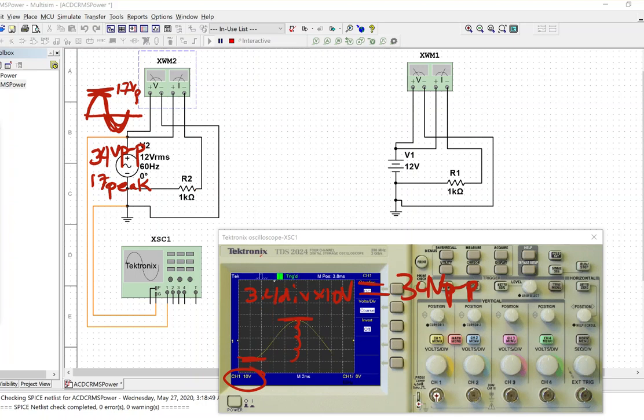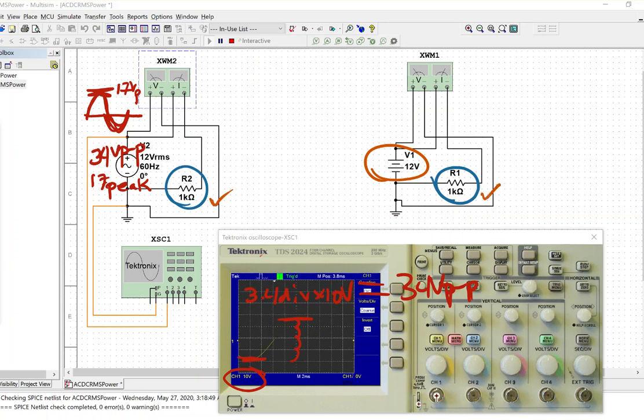So notice I have two load resistors, both 1K, and I've set this DC supply here to 12 volts DC, because this 17 volts peak, or 34 volts peak to peak, being equivalent to 12 volts RMS, should mean that if I put a 12 volt DC supply, I will get the same power across this load resistor here as I do on this load resistor here.